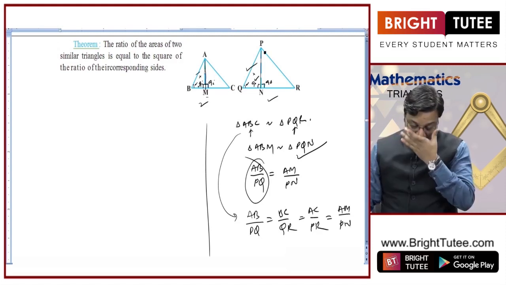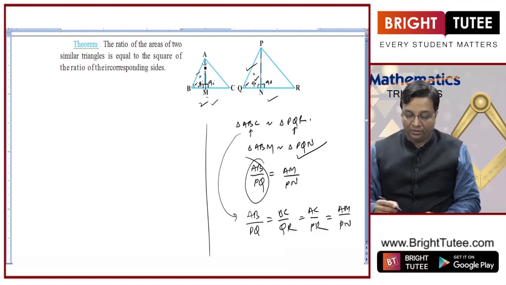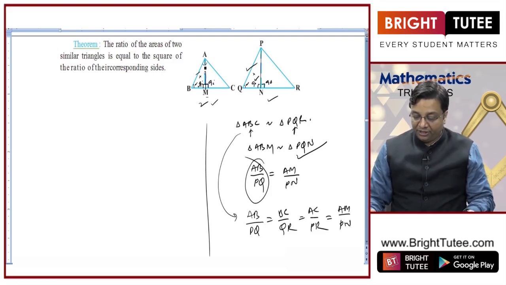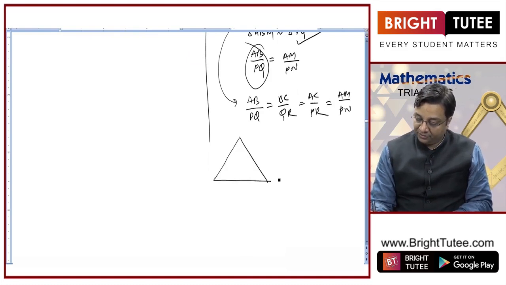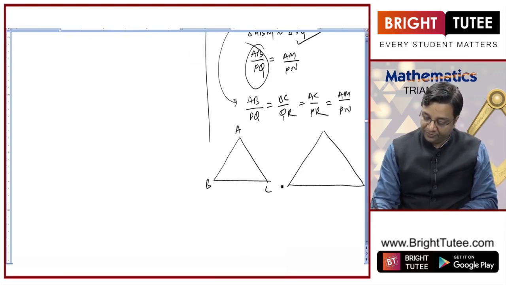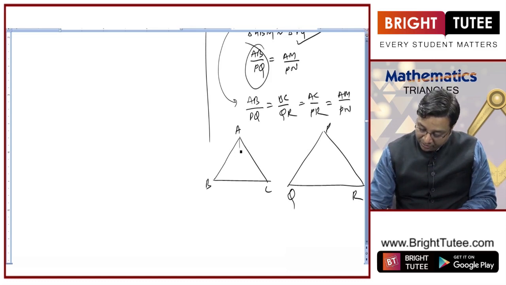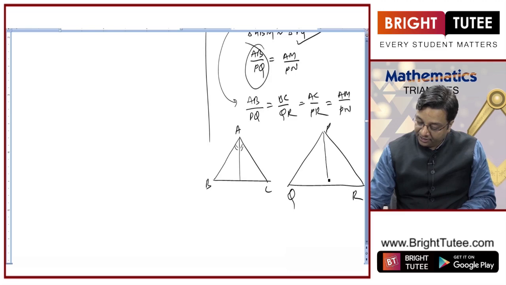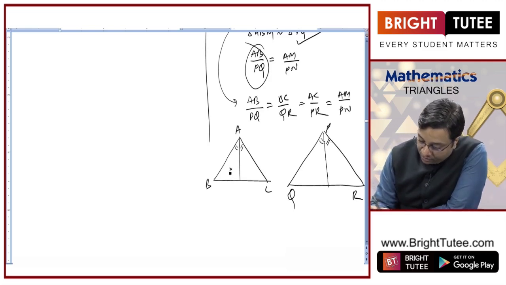Similarly, in similar fashion, you can talk about the median and the angular bisector also. So let me give you a brief introduction about that here. Let us say these two triangles ABC and PQR are similar. If I draw an angular bisector here, and another angular bisector here, what will happen in these two triangles?